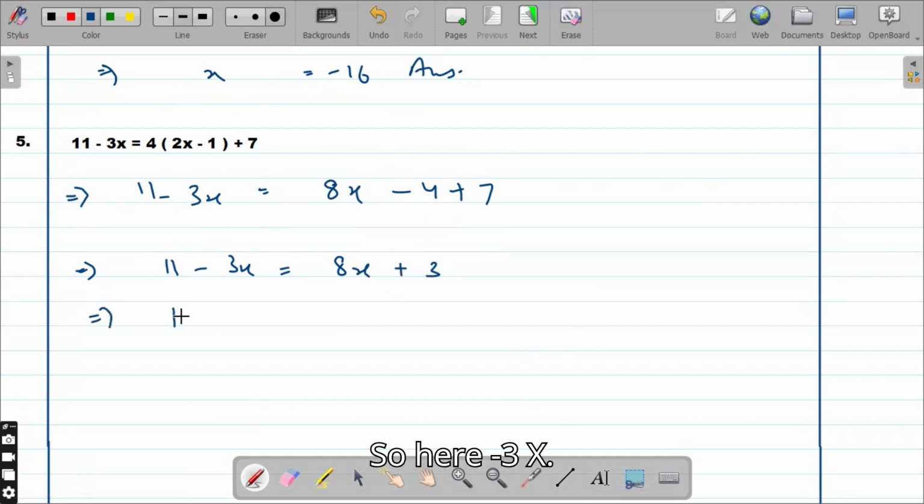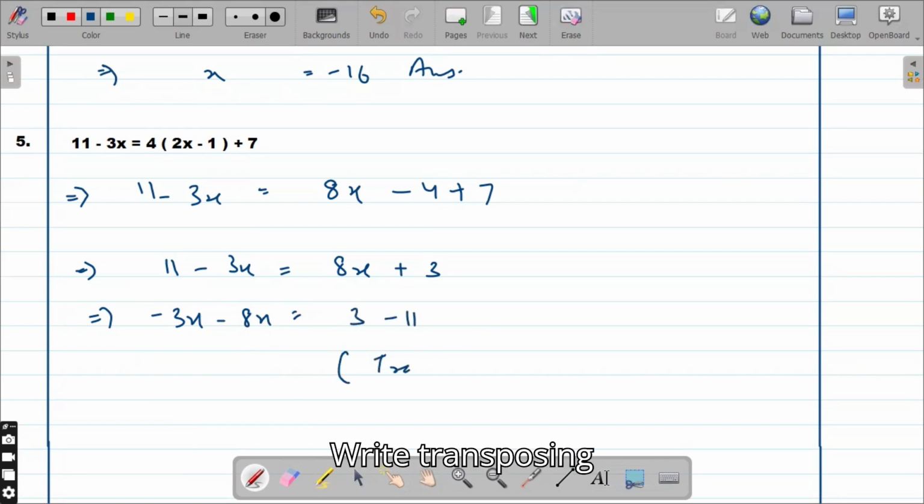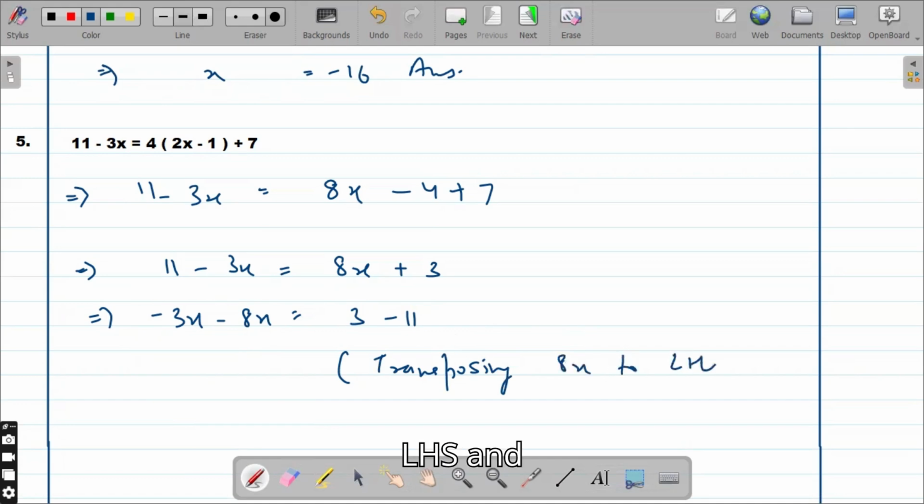So here minus 3x minus 8x equal to 3 minus 11. Right, transposing 8x to LHS and 11 to RHS.